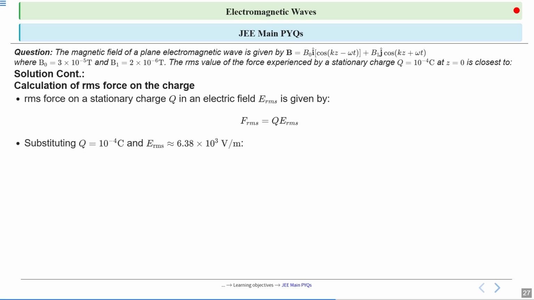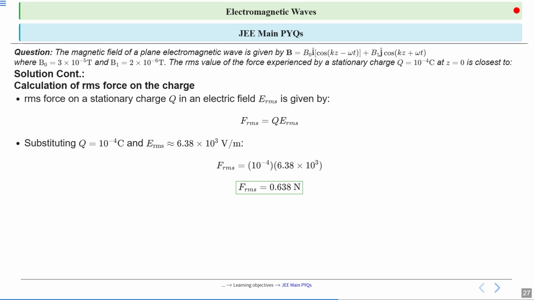Q, we know, is given in the question as 10 to the power minus 4 coulomb, and E RMS we have calculated as 6.38 into 10 to the power 3 volt per meter. So F RMS will be equal to 10 to the power minus 4 into 6.38 into 10 to the power 3. So F RMS will be equal to 0.638 Newton.